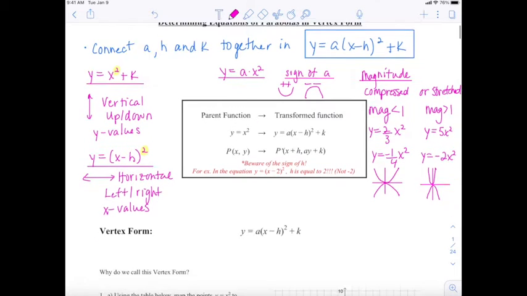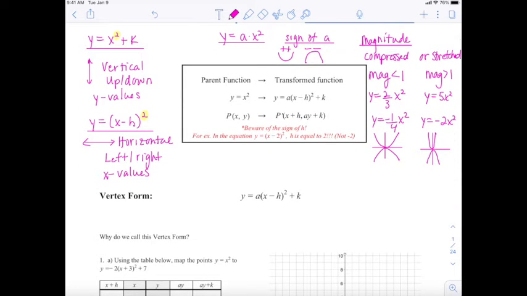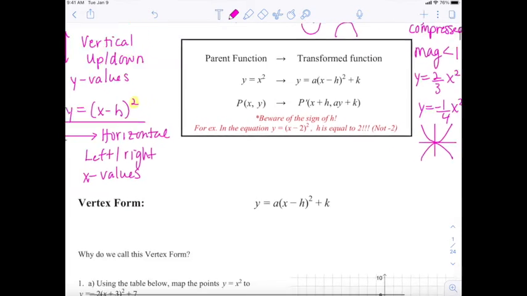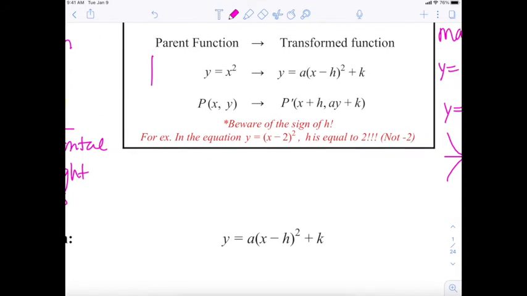Okay, so now we're going to wrap this all up into a bow. In this box, I just want to generalize this for you. Basically, the parent function is the parent parabola that we already know, the one that goes through (0, 0), (1, 1), (-1, 1), etc. So we know what that looks like.